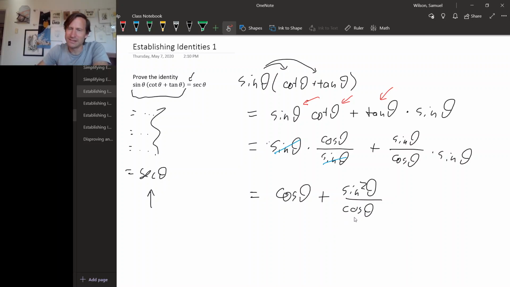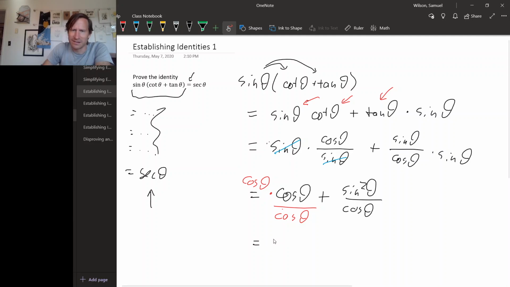And then, to add these two pieces, I guess we could put these over a common denominator. So the common denominator for these two terms would be cosine. So let's make the denominator of this one cosine. But that means we have to multiply this numerator by cosine as well.